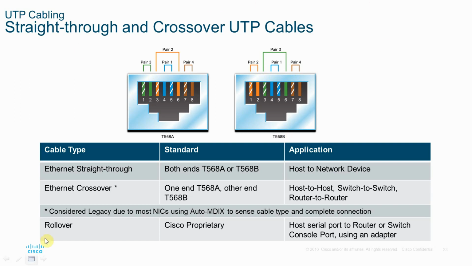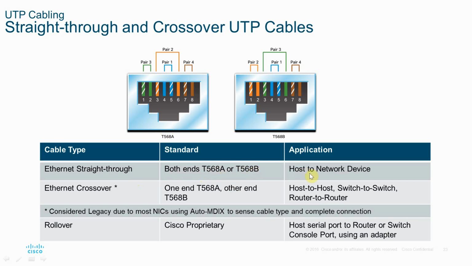Now, based on the different types of cables, this also keeps changing. See, I am using Ethernet straight through. Straight through means both ends should be the same type. So either both sides will be T568A or both sides will be T568B.